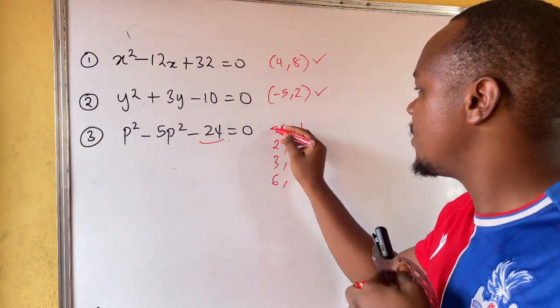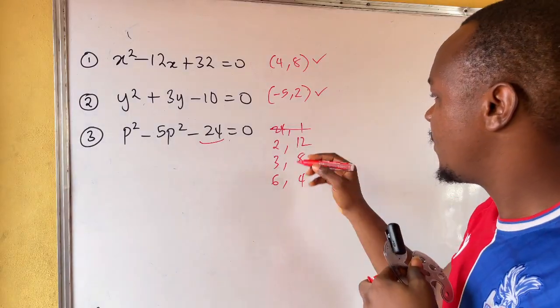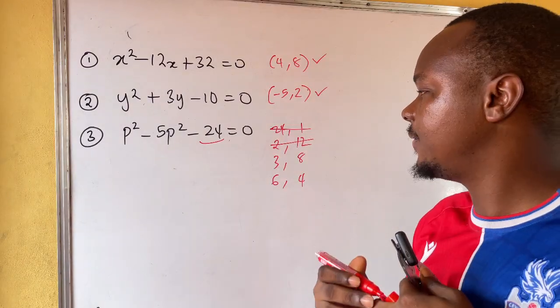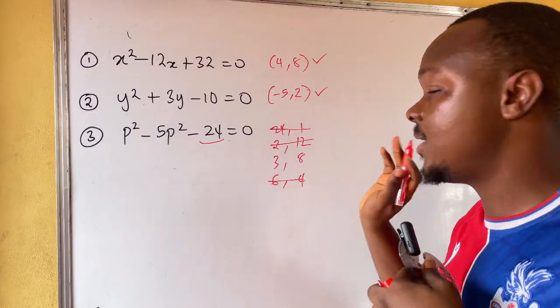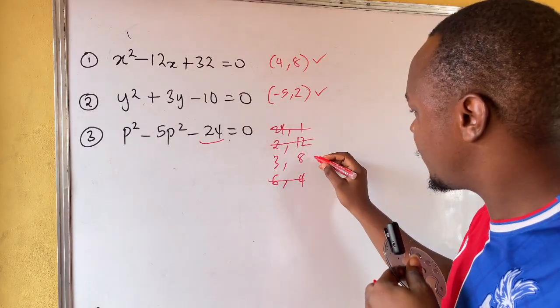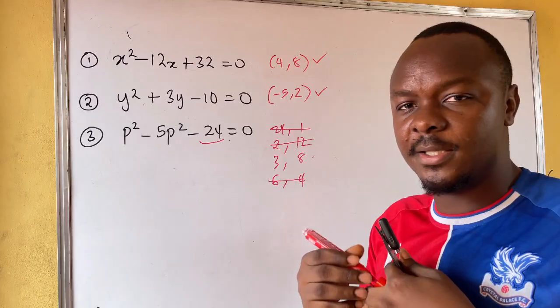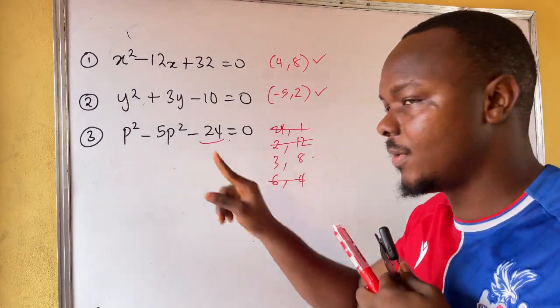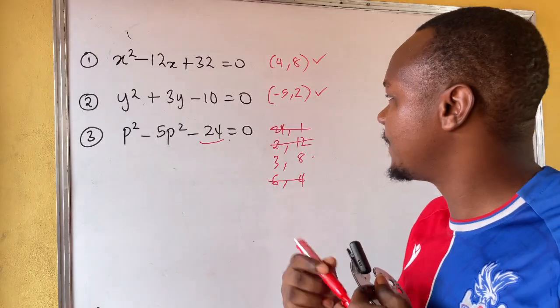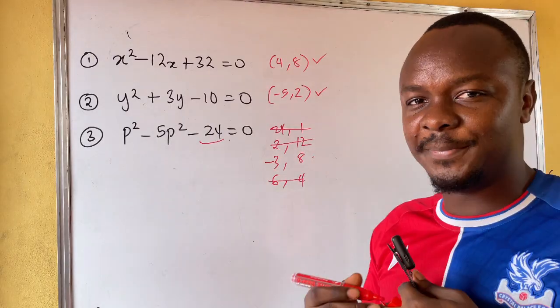That's very obvious, so get this out of the way. 2 and 12 is not going to give you 5. 3 and 8 can give you 5. But let's check, 6 and 4 is not giving you 5. So definitely the numbers we need for this one are 3 and 8. So for this one, where you have minus and you have minus, put the negative sign on the smaller number.